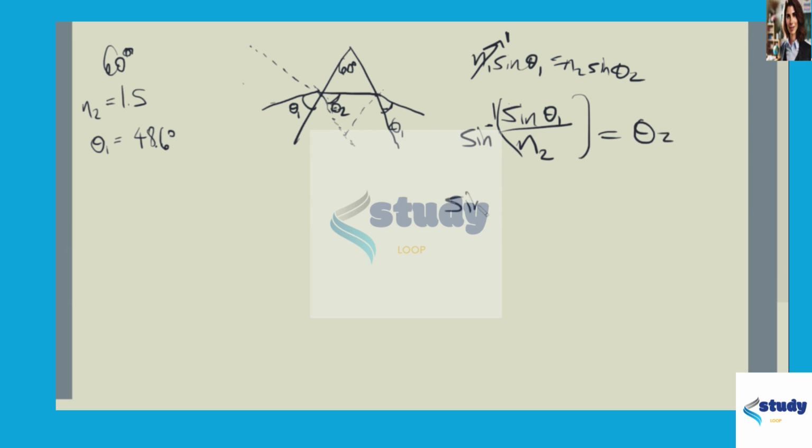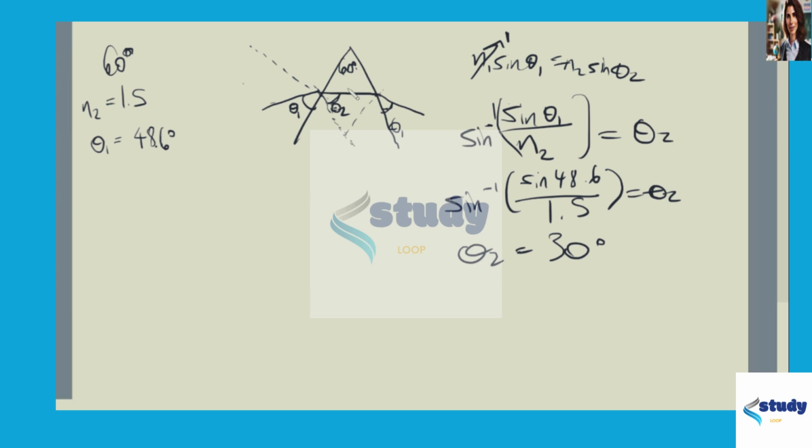Now that will give us sine of 48.6 over 1.5 equal to theta 2. Theta 2 will then be equal to 30 degrees. So we have now determined that theta 2 is 30 degrees.